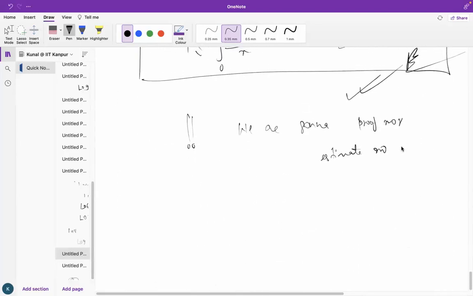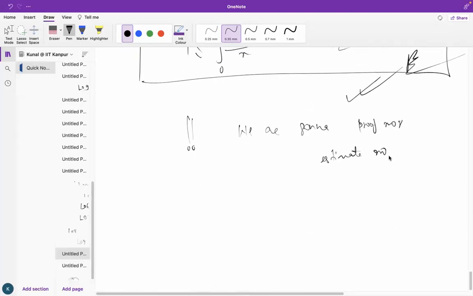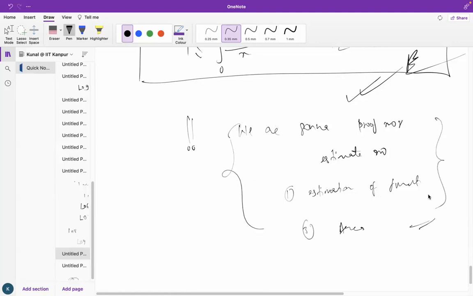In tomorrow's class, we learn more implementations, like how to estimate the definite integration. And one more thing, in tomorrow's class, we learn estimation of function. This is actually important. And then we deal with the area. So these are the applications of integral.